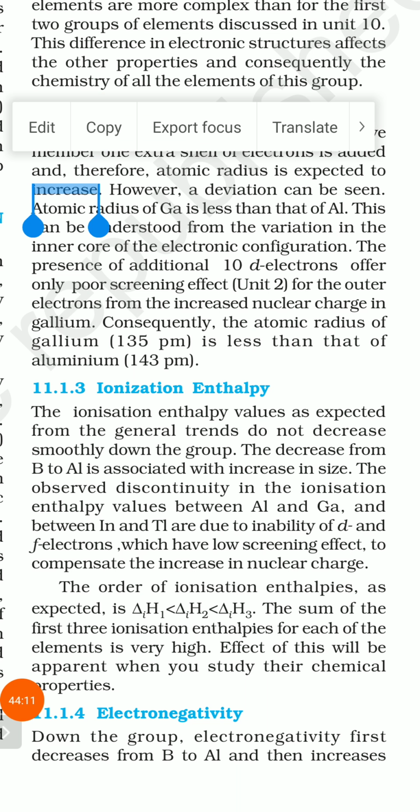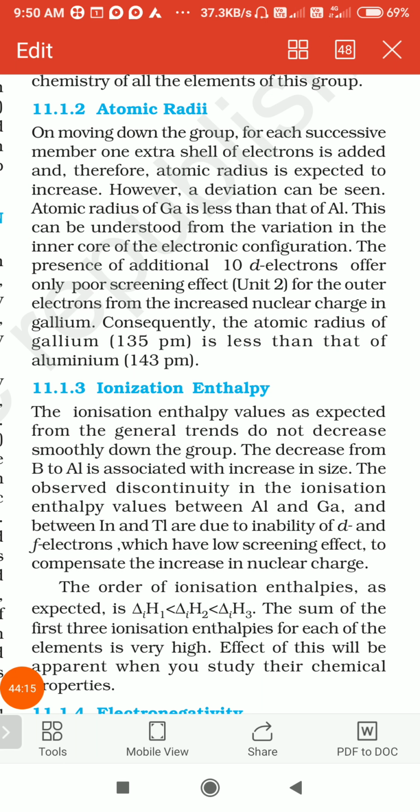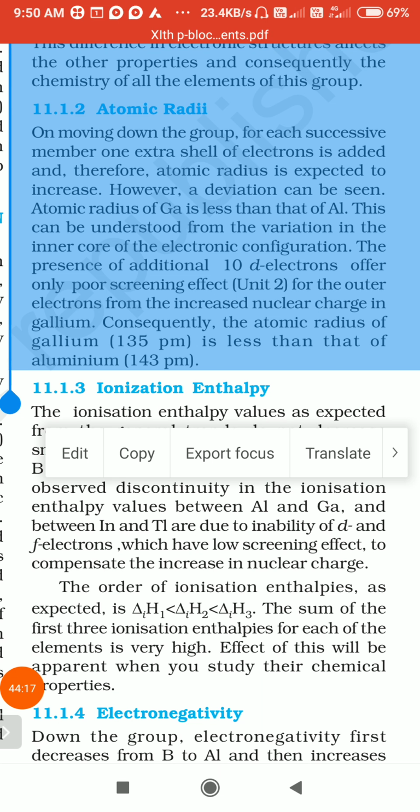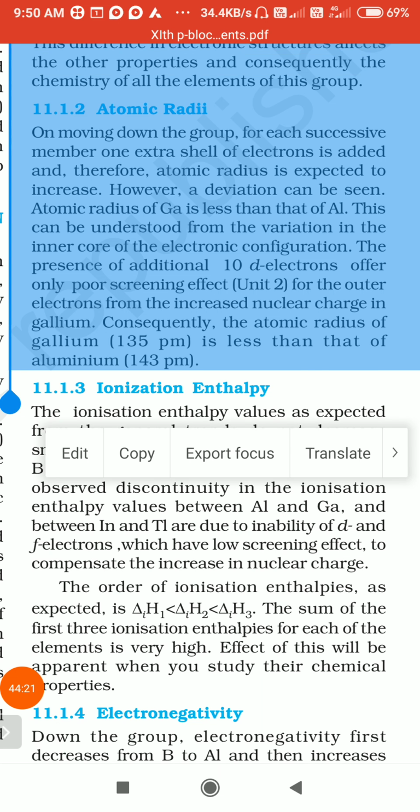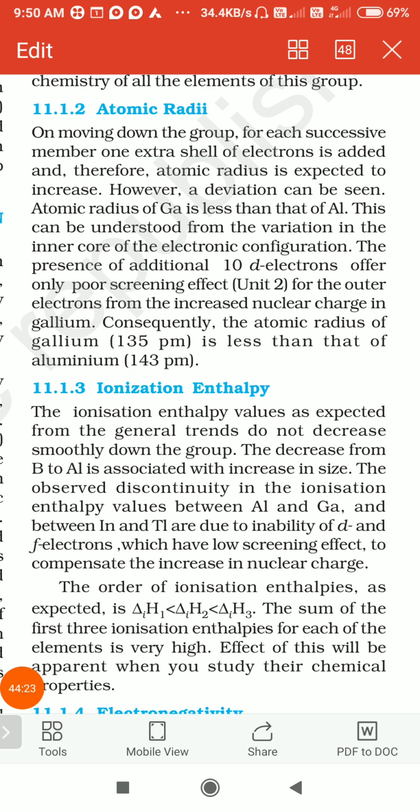Next, however, a deviation can be seen. The atomic radius of gallium is less than that of aluminum. Why does the deviation happen? The number of inner shells increases, so atomic size also gradually increases. So some deviation happens there.